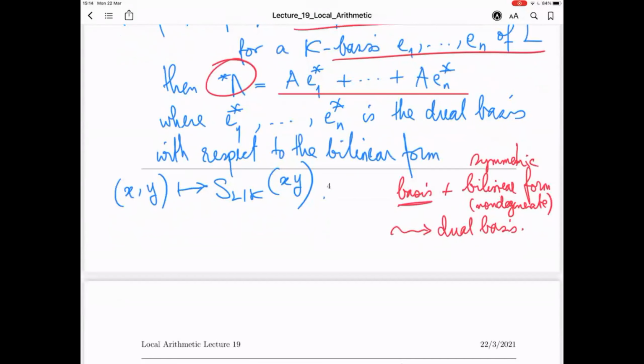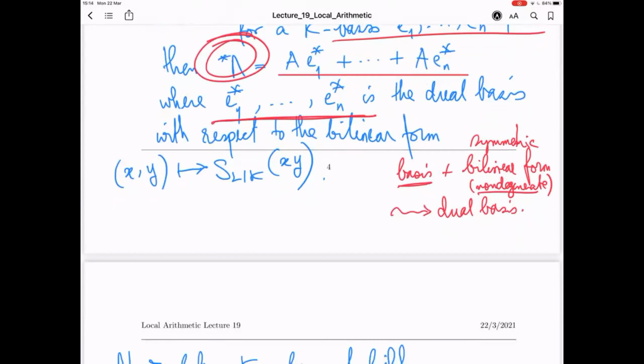If you have a basis of a vector space, you get a basis of the dual space. And if you have a symmetric bilinear form which is non-degenerate, then you get an isomorphism of your vector space with the dual vector space. So you can get the dual basis back in the original vector space. So you get a second basis in the vector space, and that second basis will generate a lattice. That lattice is the complementary lattice. Okay? So it's a fairly simple idea.